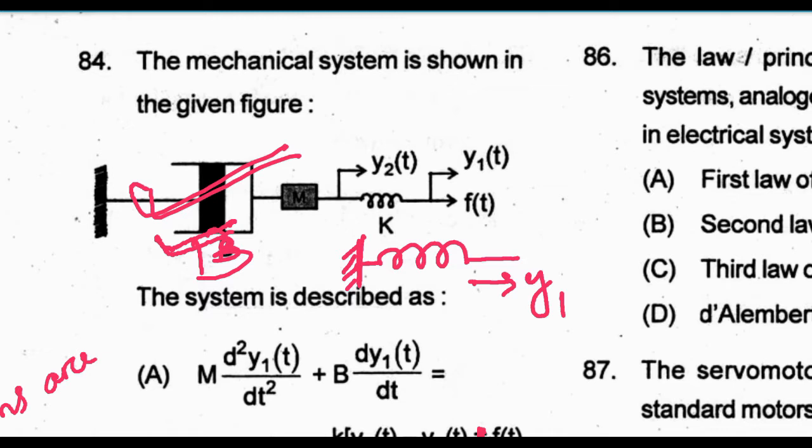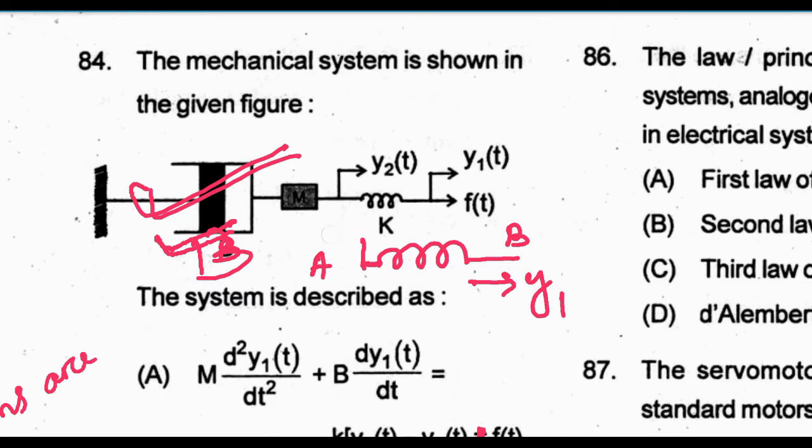Suppose this point is point A and point B. Point A is connected to a rigid body and this will not move, so if I put y1 force, the spring will expand. And if I replace that rigid body with another force, suppose in this direction this is y2, what will happen? This also expands the spring, so the whole force on the spring will be y1 plus y2.